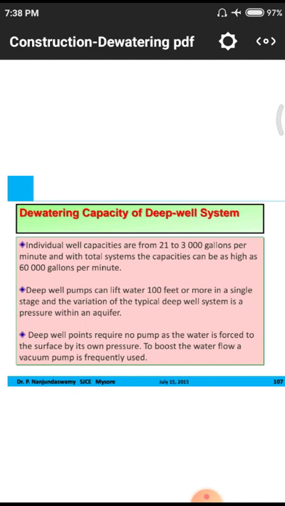Why? Because if it is a small scale project and a small area, we will go for normal pumps and normal pipeline systems. If it is a large scale project and the time span is very less, automatically we have to go for these large diameter pipes and high head pumps.